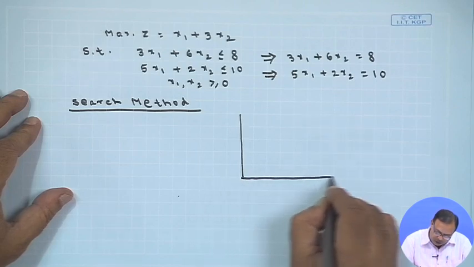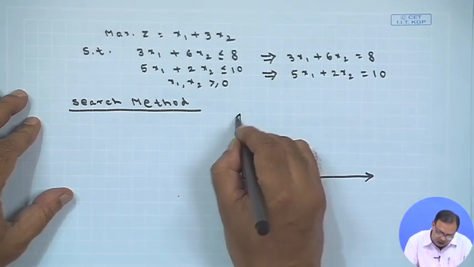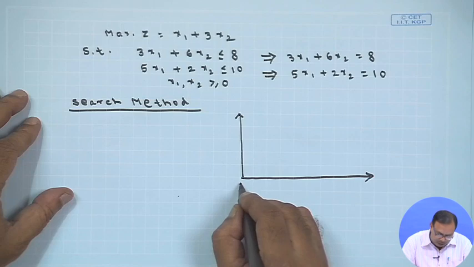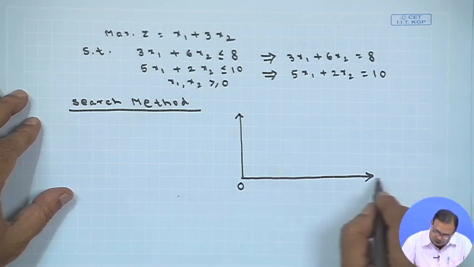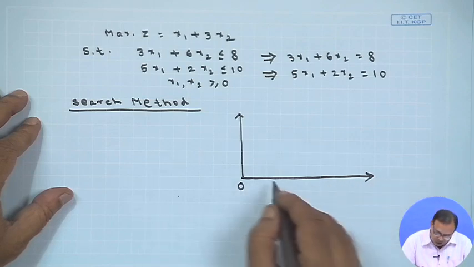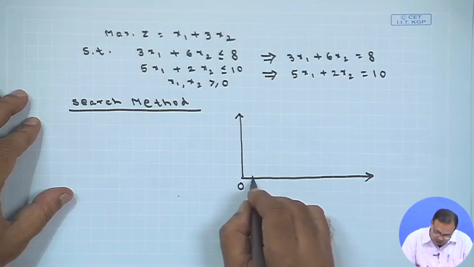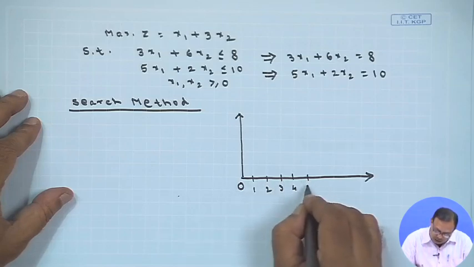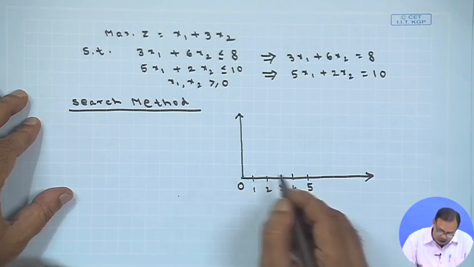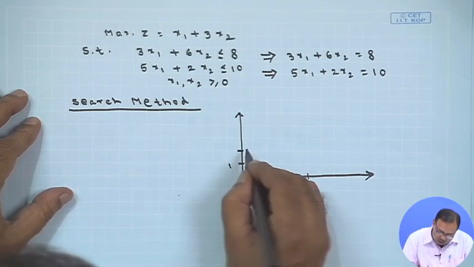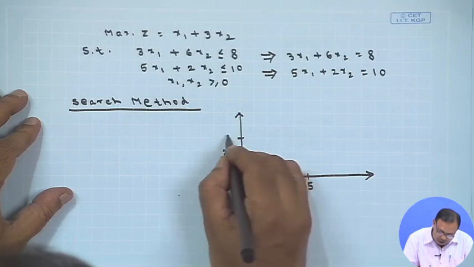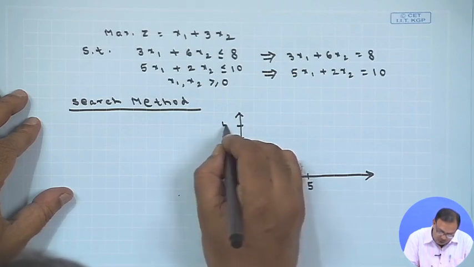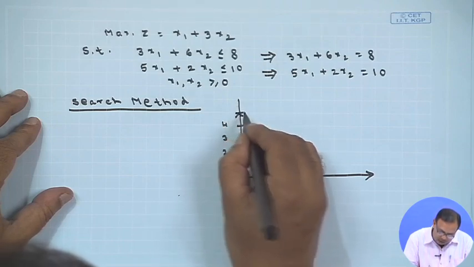Suppose this is your axes x1 and x2, with 0 and 1, 2, 3, 4 and 5 marked on this side, and similarly on this side also 1, 2, 3, 4 and 5.